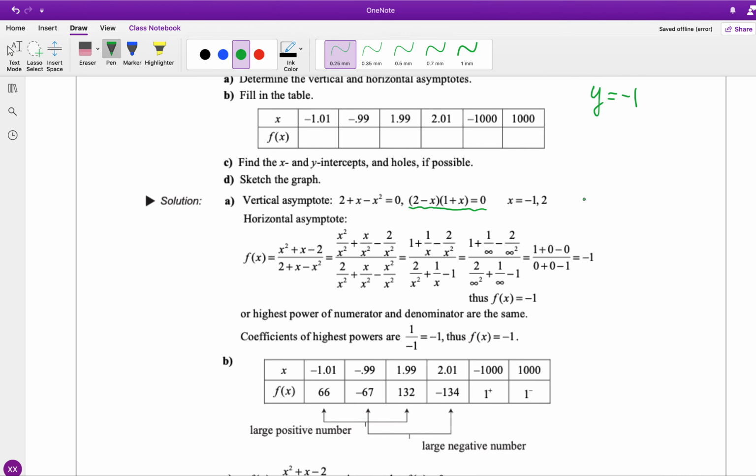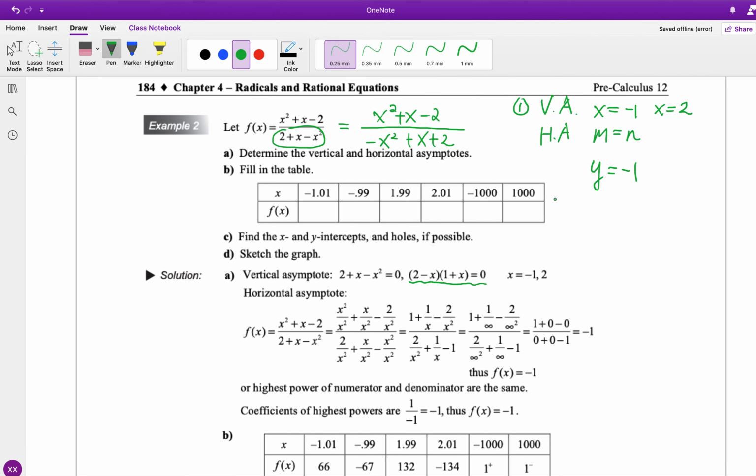Okay, so now the second step. As I said, I always want to do the intercepts. So what is the y-intercept? The y-intercept means when x equals 0. This is 0, this is 0, this is 0, this is 0, so then it is negative 1.